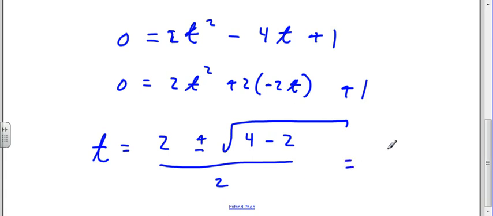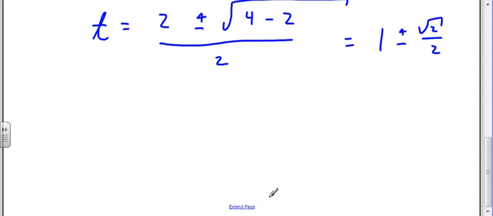So it looks like 1 plus or minus the square root of 2 over 2. Is that what it looks like to you? All right. And we'd probably just leave it that way. Microseconds. Yeah. That's probably what we do.